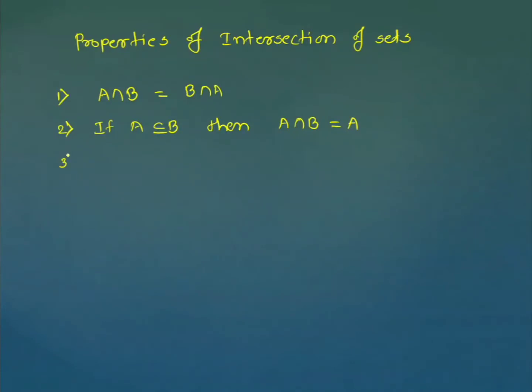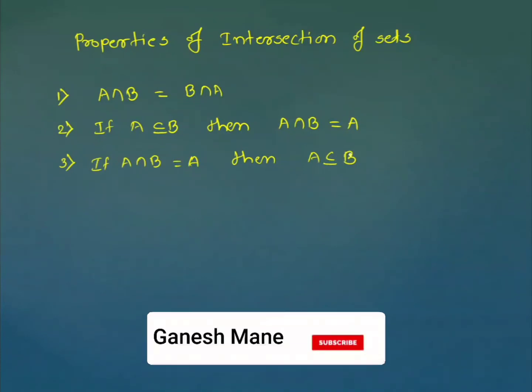And if we write the above property in reverse direction, that is if A intersection B is equal to A, then A must be the subset of set B, that is A is subset of B, which is the converse of the previous property.